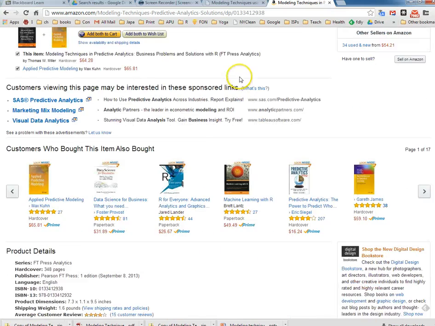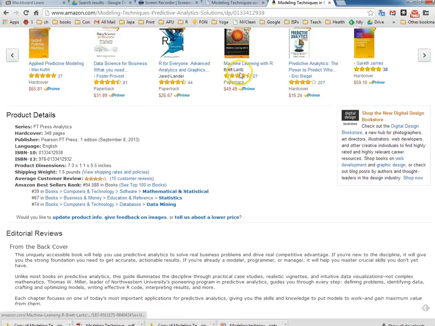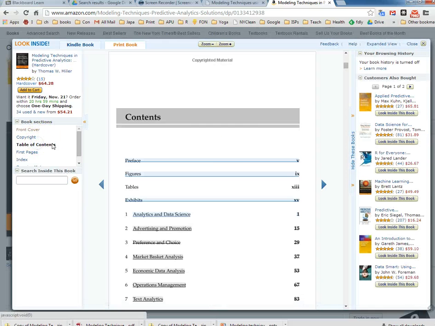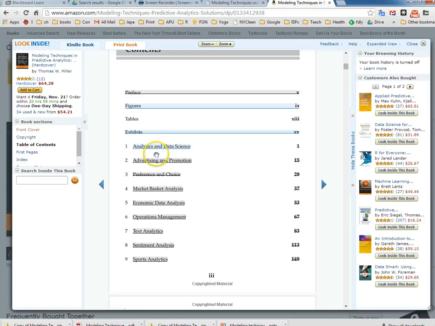Okay, let's just quickly see if they give us the table of contents for this. This never gives that, does it? Or maybe it's here. Oh, here it is. Okay. So the table of contents is chapter 1. Then we're going to do chapter 2 as well today, called Advertising and Promotion. This one is going to take a bit longer to do. It's called Preference and Choice. And then Market Basket Analysis and Economic Data Analysis. We might skip Operations Management and go to Text Analytics.